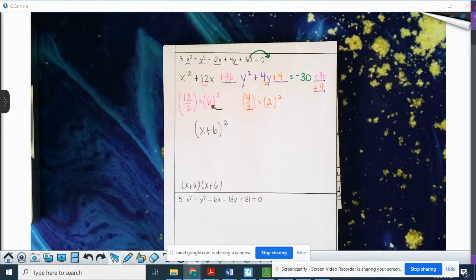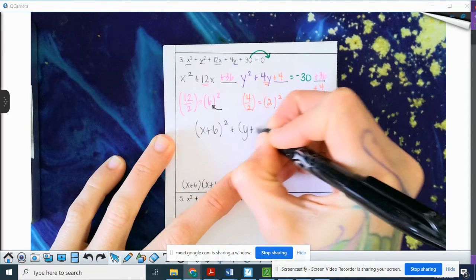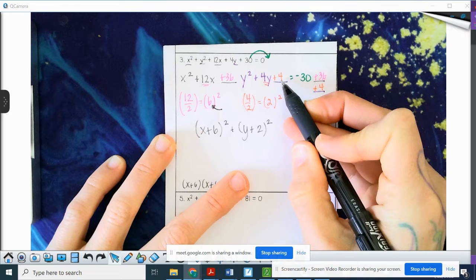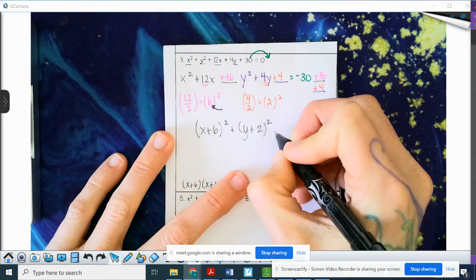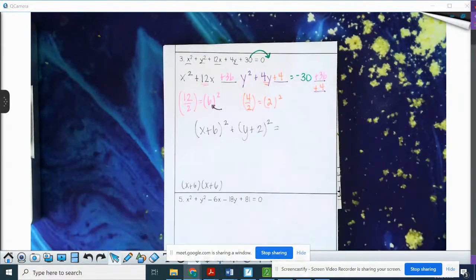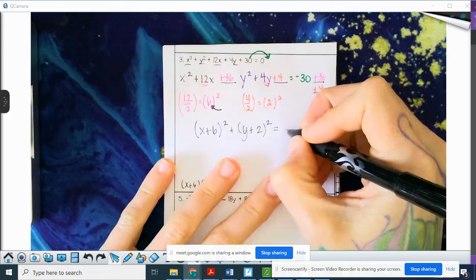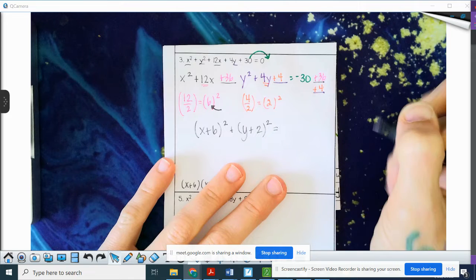And then for our y values over here, it's y plus 2, because this is a positive 2, squared. Because 2 times 2 gives me 4, but 2 plus 2 also gives me that b value 4. And then at the end, we're just going to add those together. So negative 30 plus 36 plus 4, which is going to give me a positive 10, right? Yep, positive 10.